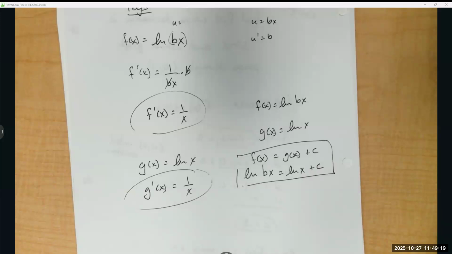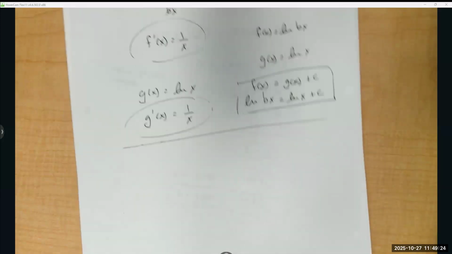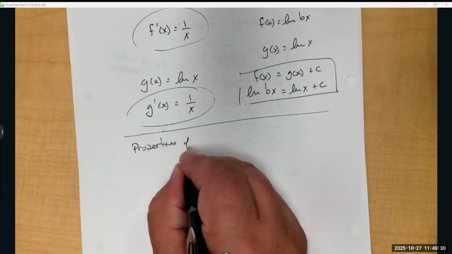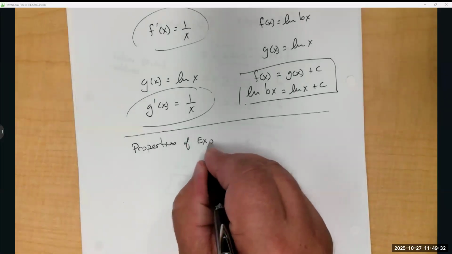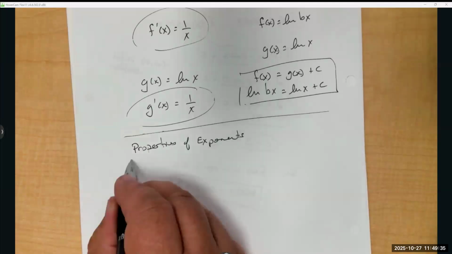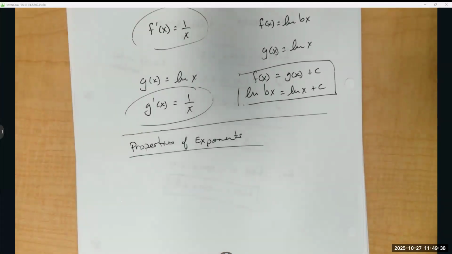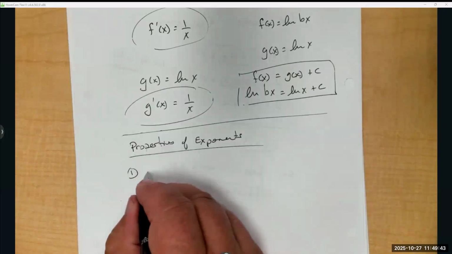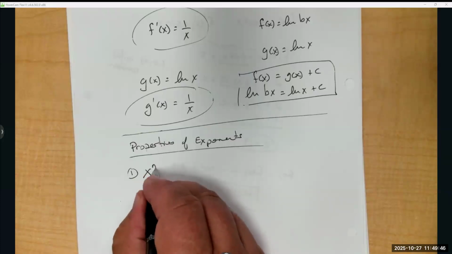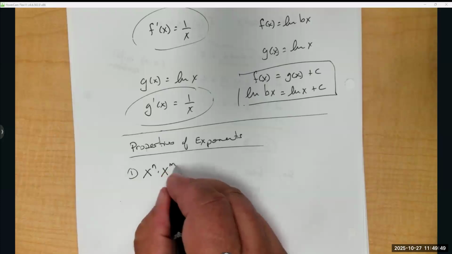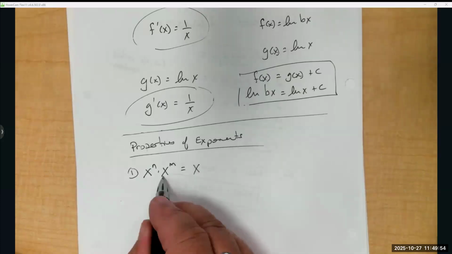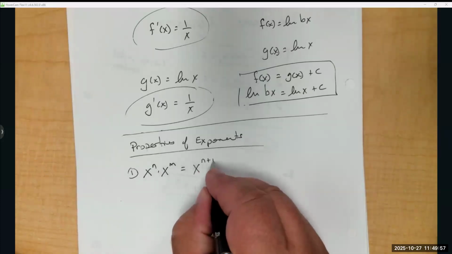Everybody remember the exponential properties? We're talking about exponents first. This goes for any exponential equation. When you multiply the same base, different exponents, you add the exponents.